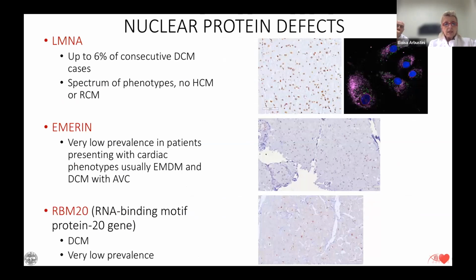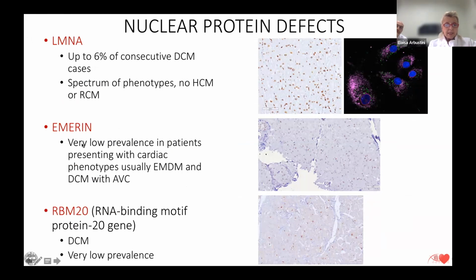Here you see examples of what we see with pathology and immunohistochemistry. Lamin A/C is obviously the most important one. Up to 6% of consecutive dilated cardiomyopathy cases are associated with a defect of this gene. Here is the typical expression of normal lamin, with the red expression of the protein in immunofluorescence.